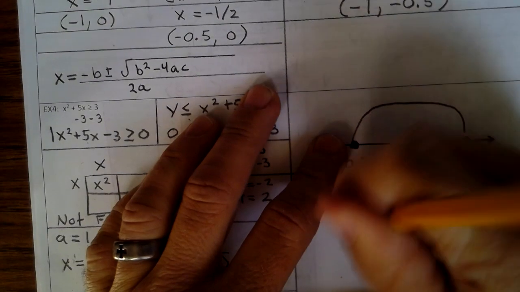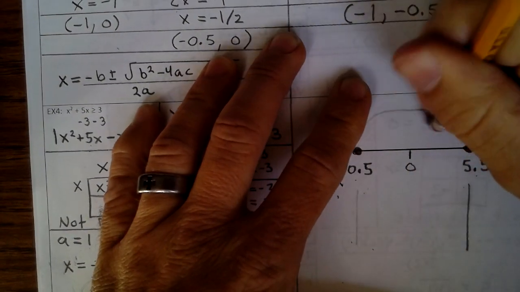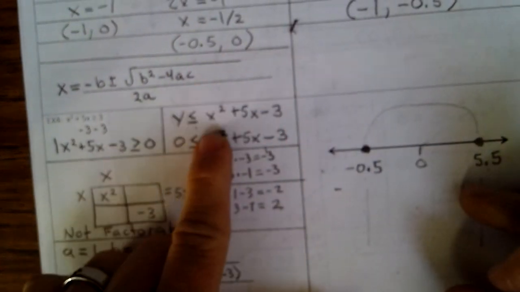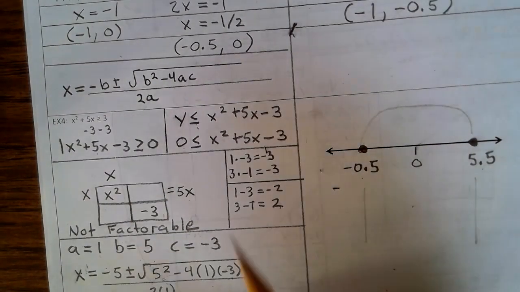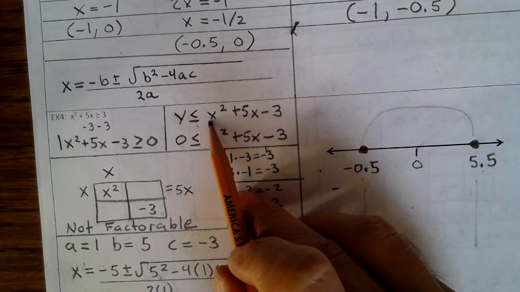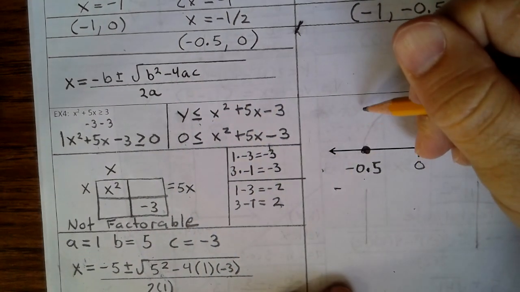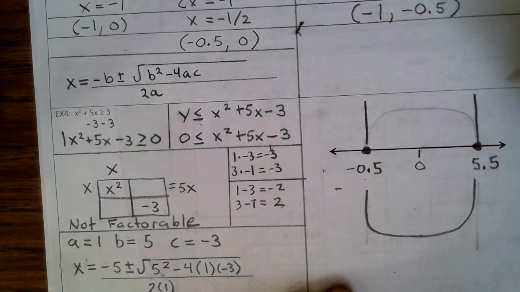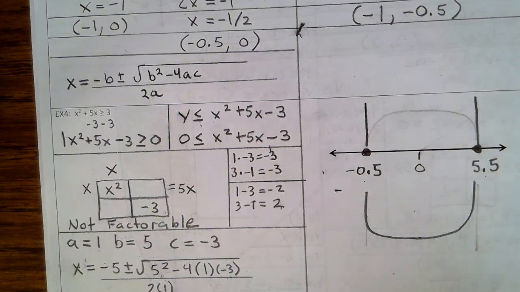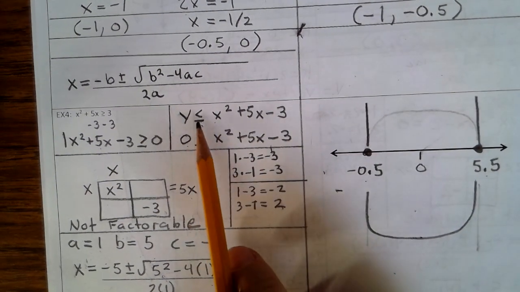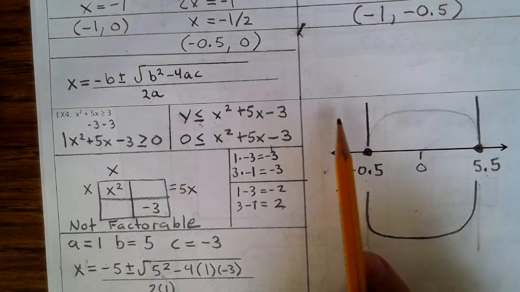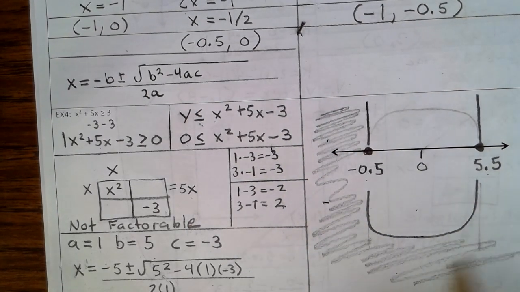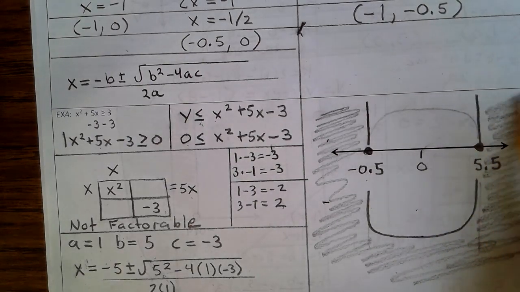No. All right. I'm kind of glad I made this mistake because you might make that mistake. I confuse the inequality with the way the graph opens, okay? The A value is positive, so it opens upwards. The shading is what the inequality has to do with. Since this is less than, we shade below the graph. Okay?